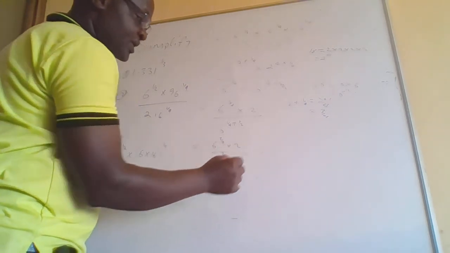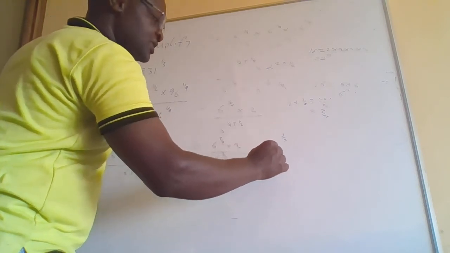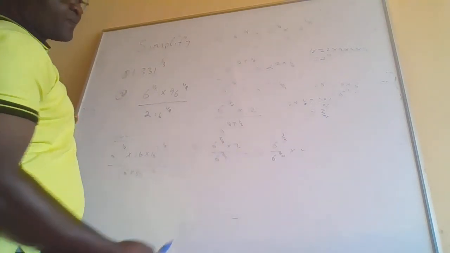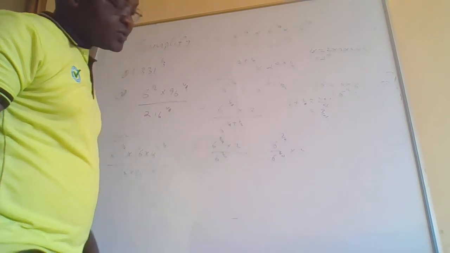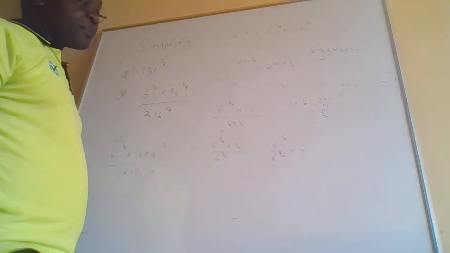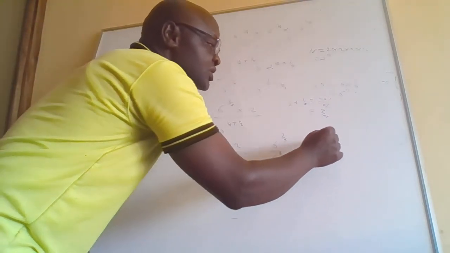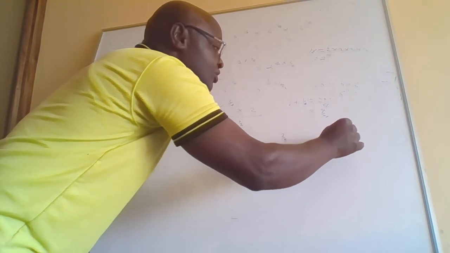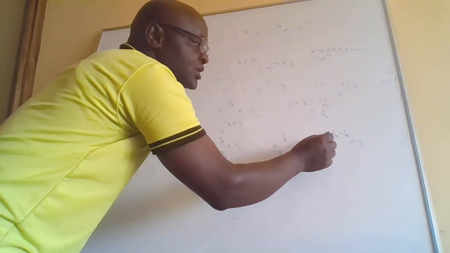So we can write this as 6 raised to 3 all over 4 over 6 raised to 3 all over 4, then times 2. By the laws of indices, when we are dividing indices with a common base, we subtract the powers. Therefore, this equals 6 raised to 3 all over 4 minus 3 all over 4, times 2.